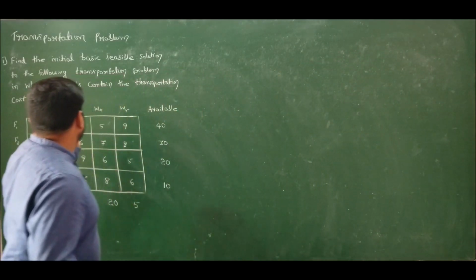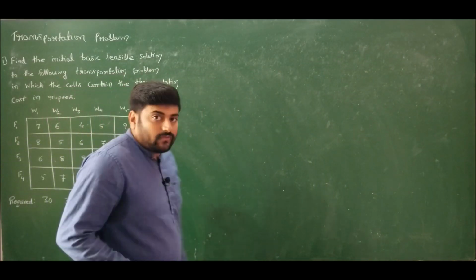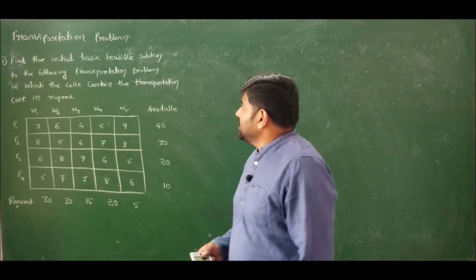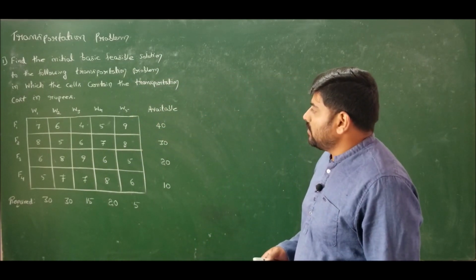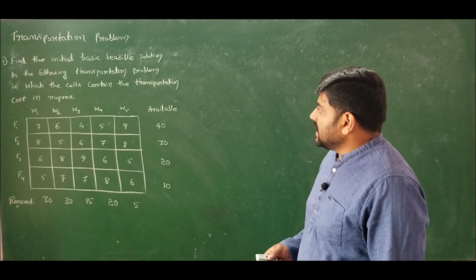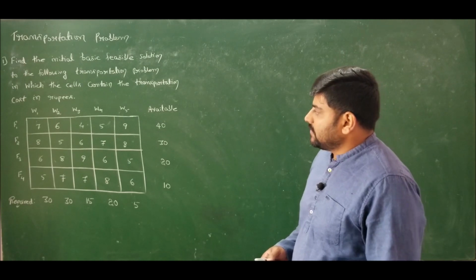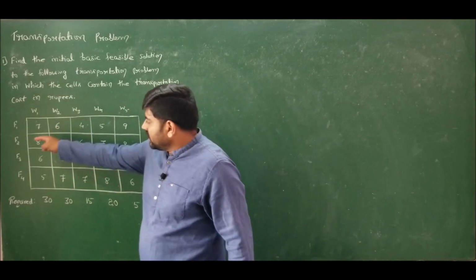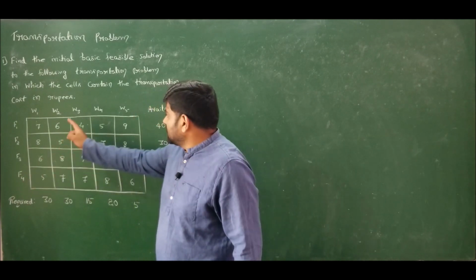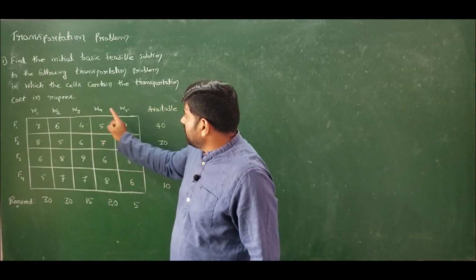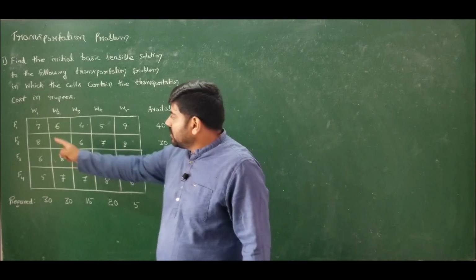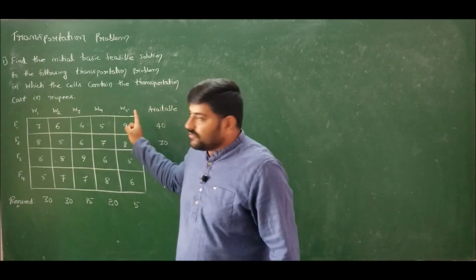Now we have problem number 1: find the initial basic feasible solution to the following transportation problem in which the cells contain the transportation cost in rupees. We have the sources F1, F2, F3, F4 and we have the destinations W1, W2, W3, W4, W5. You can observe the number of sources is not equal to the number of destinations.